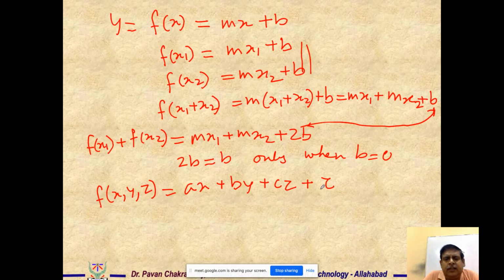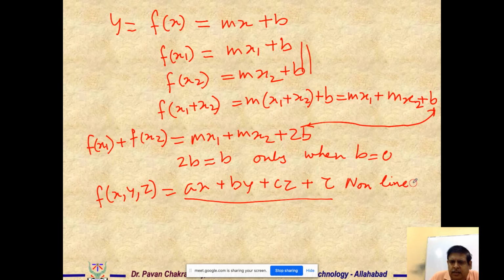This is my function. This function can be proved to be a non-linear function or transformation, right?